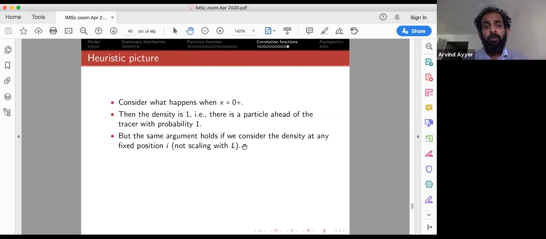So what that means is there's an infinite traffic jam in front of you. And this sort of makes sense because all the other particles are doing symmetric exclusion, just going equally likely forward and backward, but this particular tracer is pushing you one way more and more.